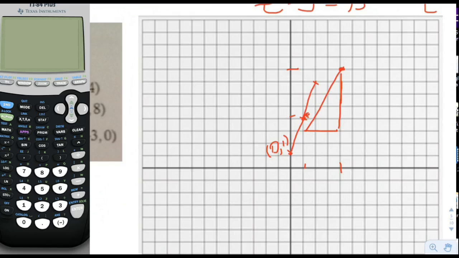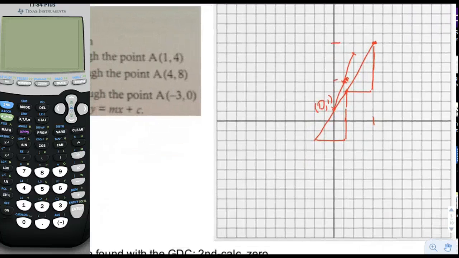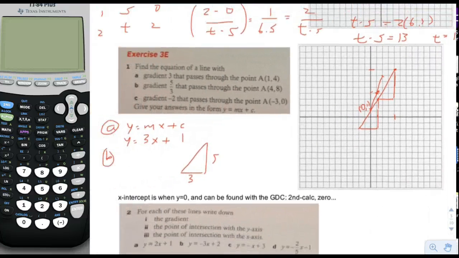Here. That also looks like it might go through (0, 1). I'm not sure though. My drawing is not that good.